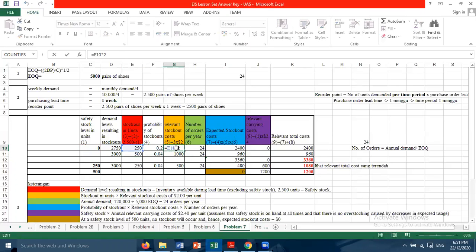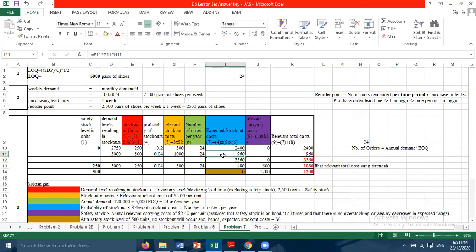Oh, sorry, we also need to multiply it by the number of orders. I almost forgot. So practically 250 times 0.2, then multiplied by the number of orders as well, and then by the stock out cost. And here we'll get a total of 2,400.